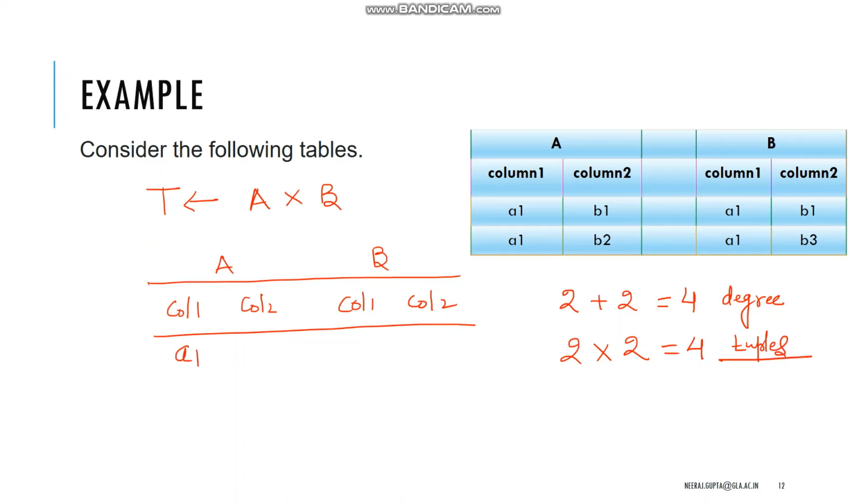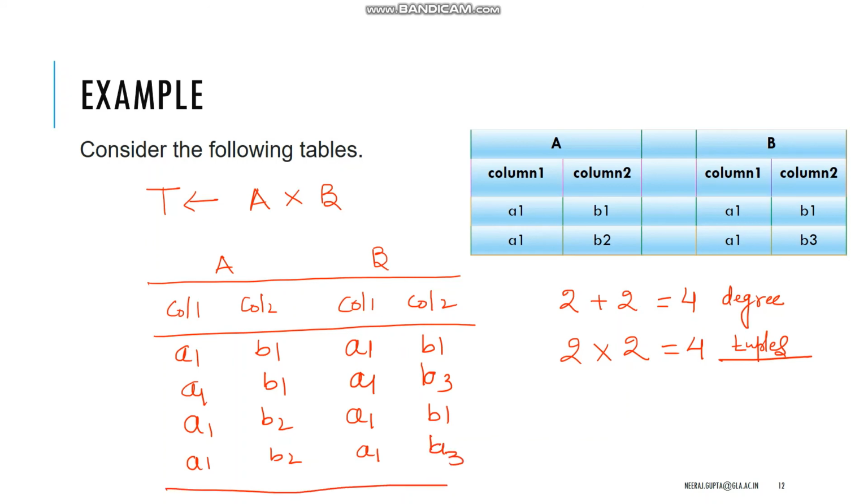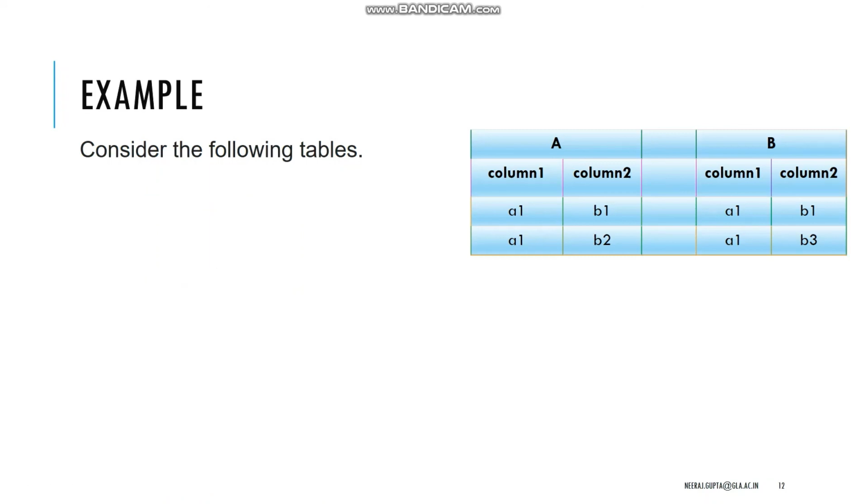These are the combinations: A1 B1 is combined with A1 B1, A1 B1 is combined with A1 B3, A1 B2 is combined with A1 B1, and A1 B2 is combined with A1 B3. So these are the tuples which arise in A cross B.